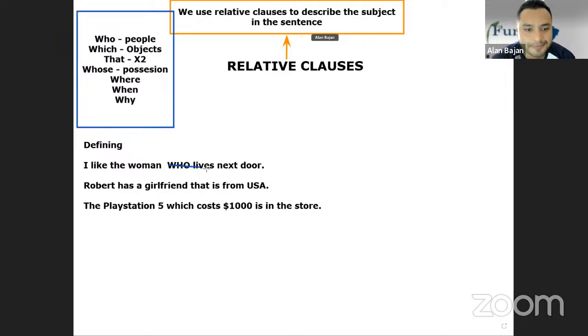For example, I like the woman next door. Estoy quitando el pronombre. En las defining clauses lo puedo quitar. Robert has a girlfriend from USA.